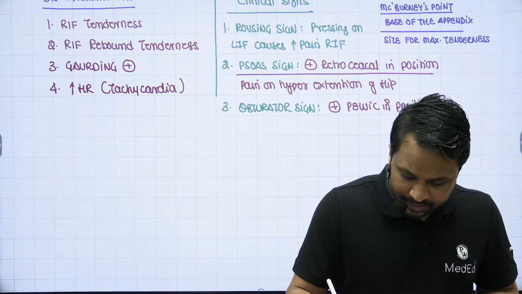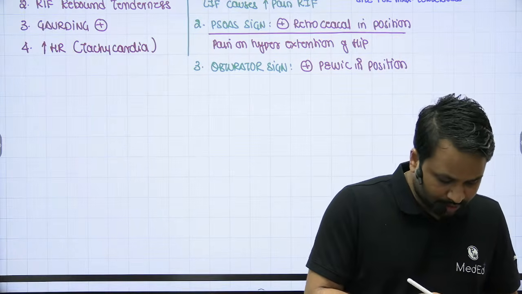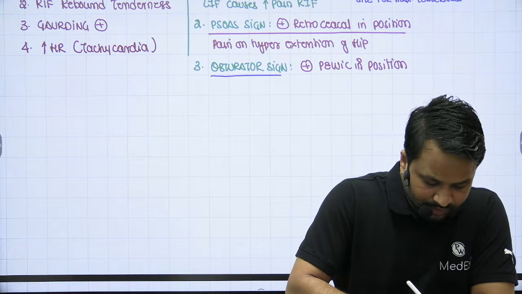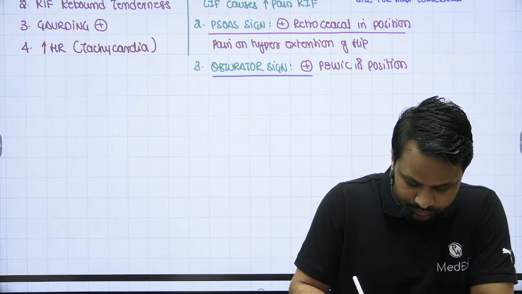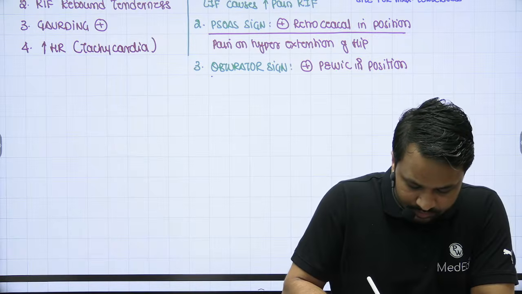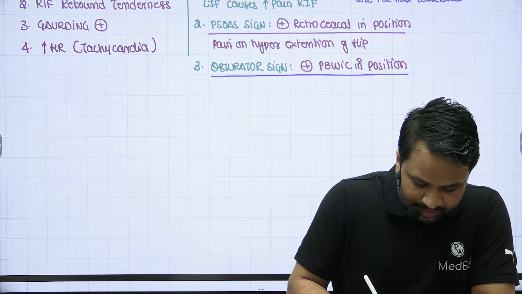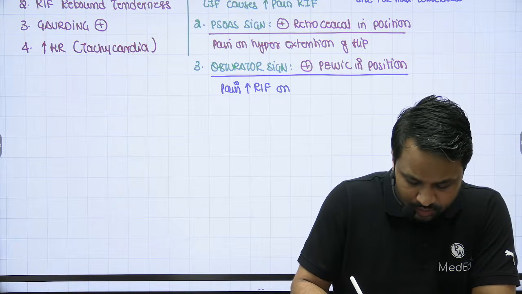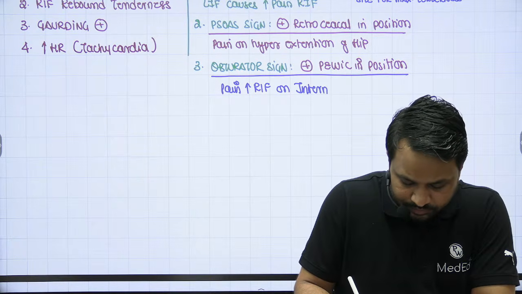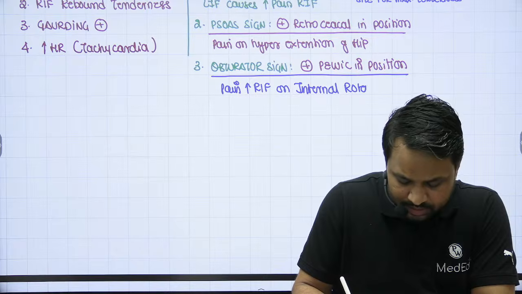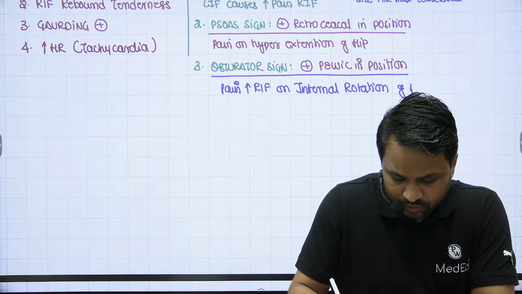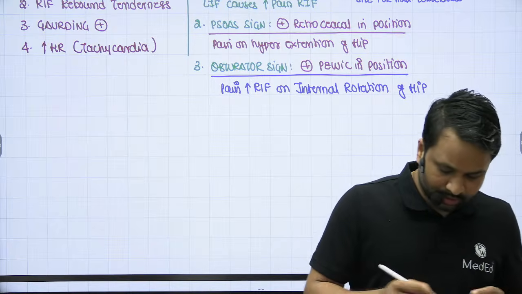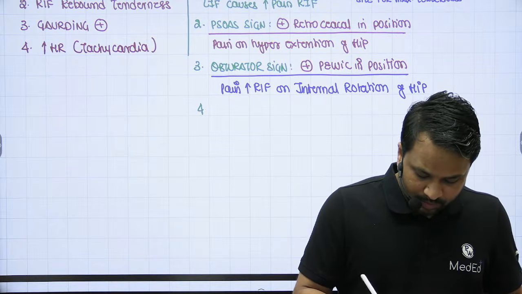If the appendix is pelvic in position, the pain in the right iliac fossa will increase on internal rotation of the hip. That is your obturator sign. Another one that you will see is your pointing sign.